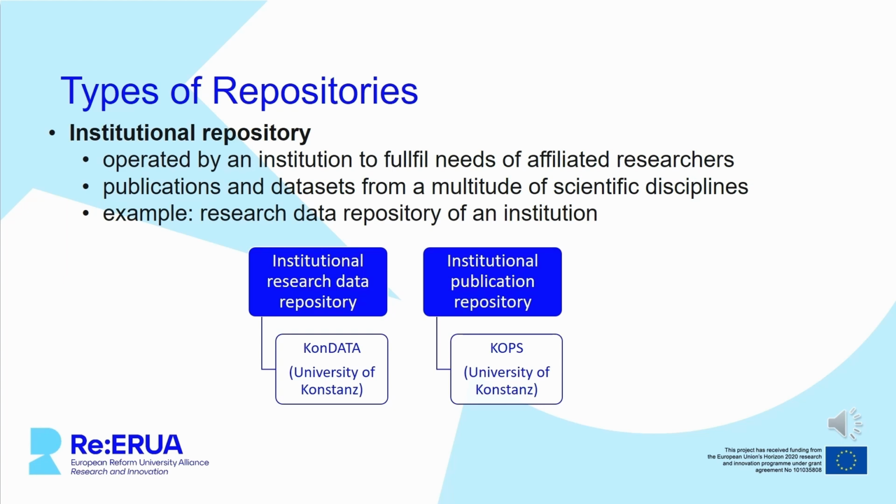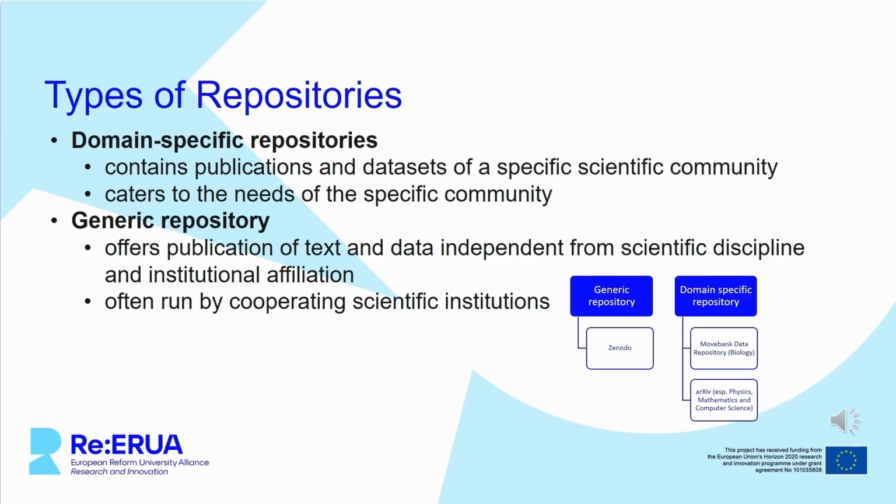The repository is designed to meet the needs of the researchers working at the institution. Examples of institutional repositories are Condata, the University of Konstanz's research data repository, and COPS, the University of Konstanz's repository for open access documents. Publishing is usually only possible for members of the respective institution. Contact your institution's library to find out which repositories are available at your institution.